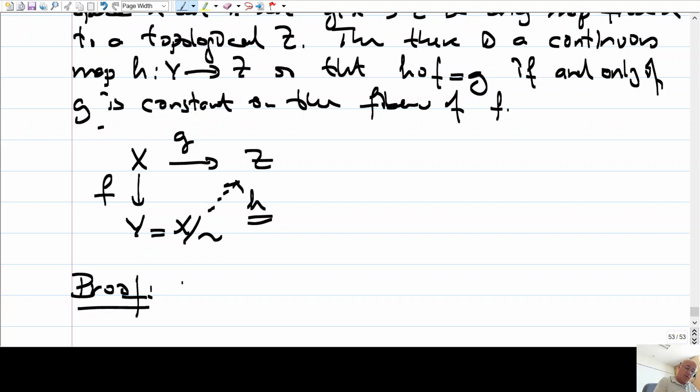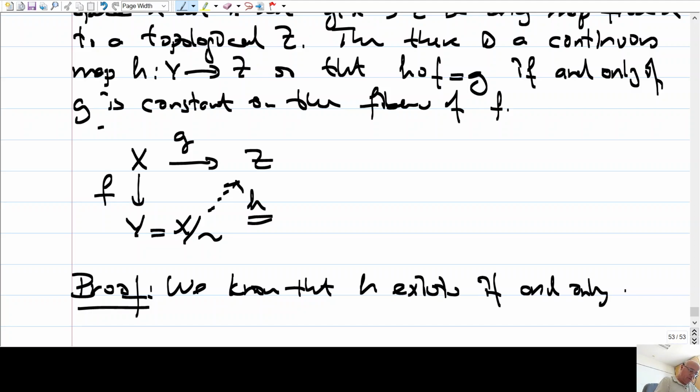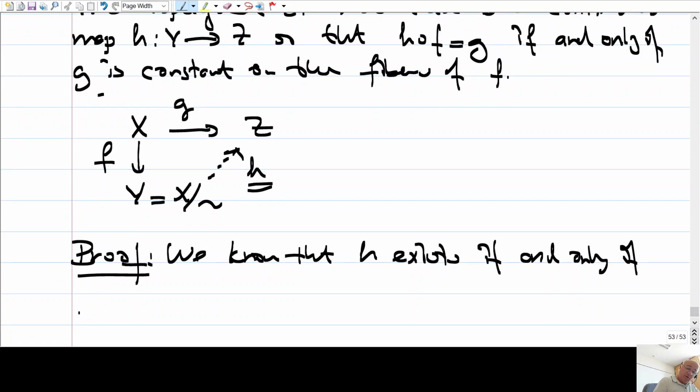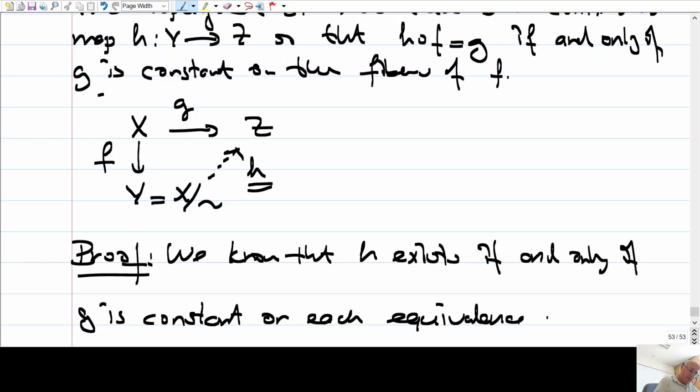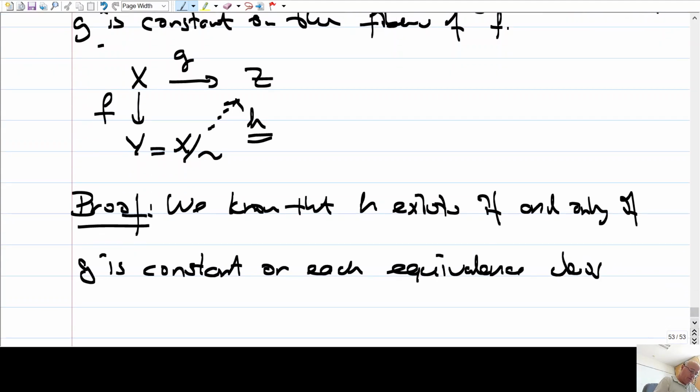So we know that h exists if and only if g is constant on each equivalence class, the fibers of f.